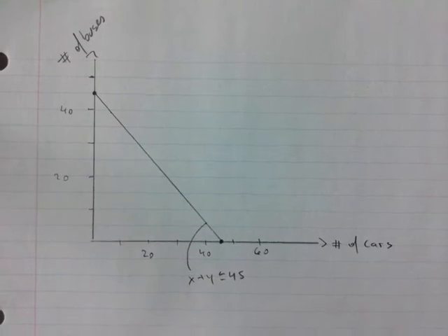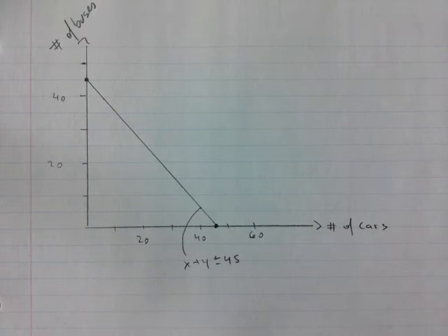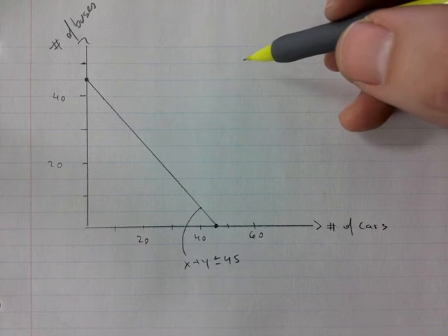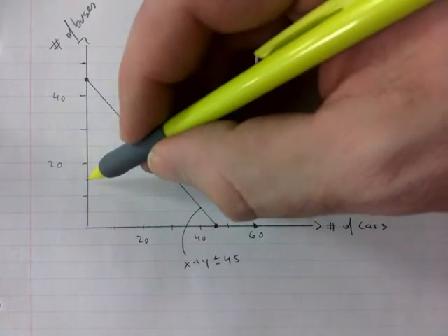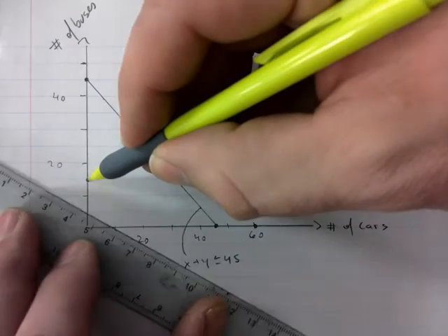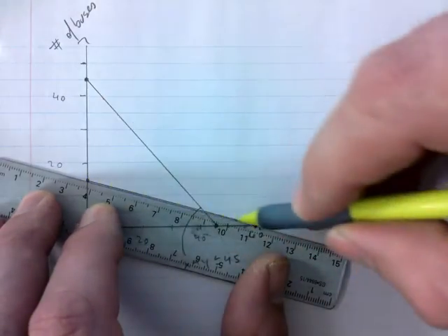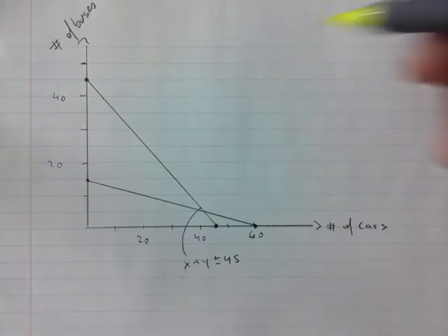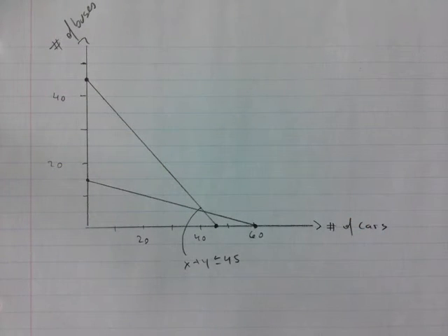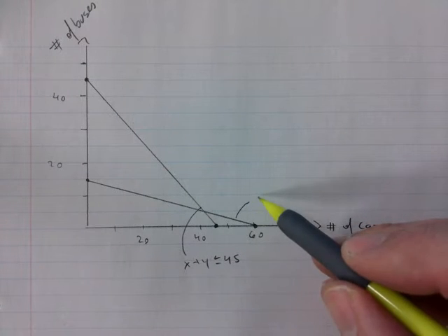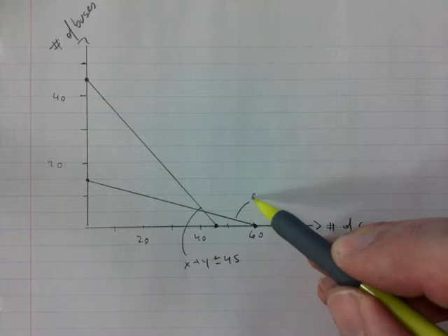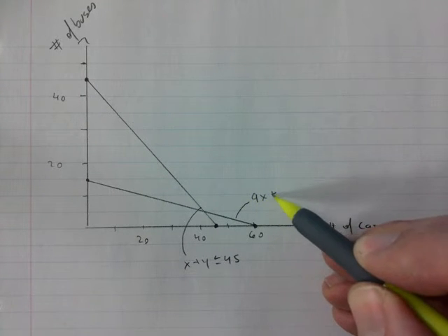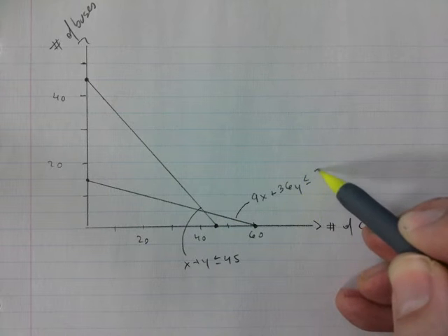That way it's not going to be in your way when you're trying to graph the rest. So then I have the other one, which is 60, 0, and 0, 15, which is right there. Oh boy. My label is going to be a bit of a problem, but I think I can manage. So this is 9x plus 36y is less than or equal to 540.